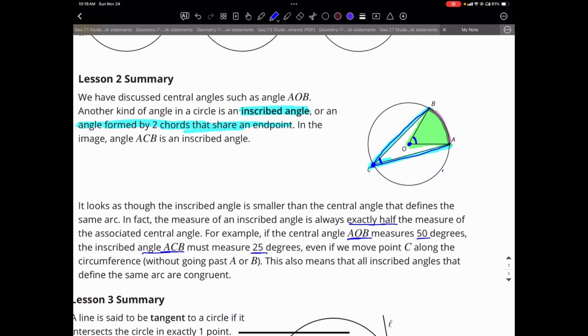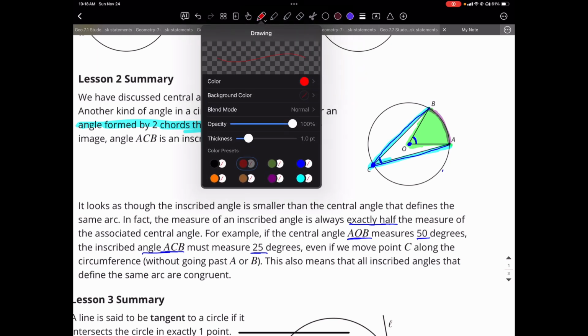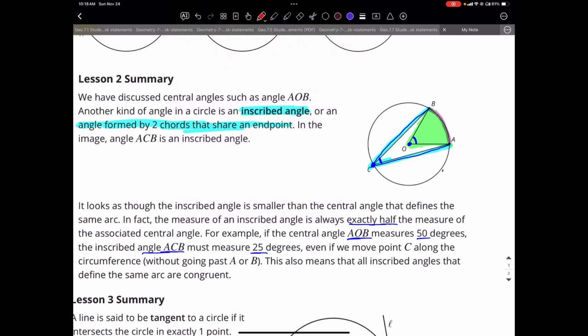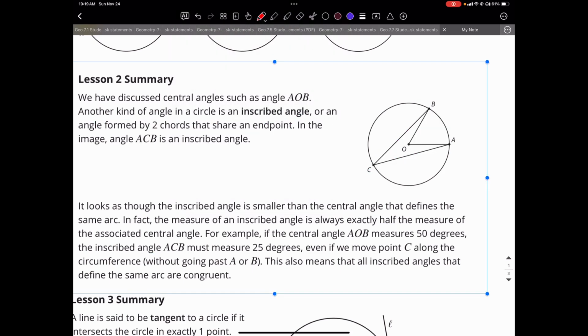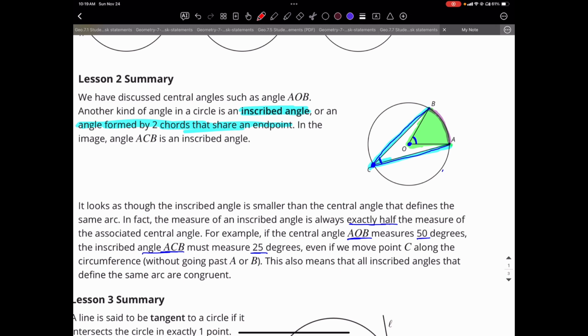Even if I took that point C, let me use a different color, let's say red, and moved it here, and my inscribed angle was from here to there, it opens up to the same arc, so that angle measure would still be the same.